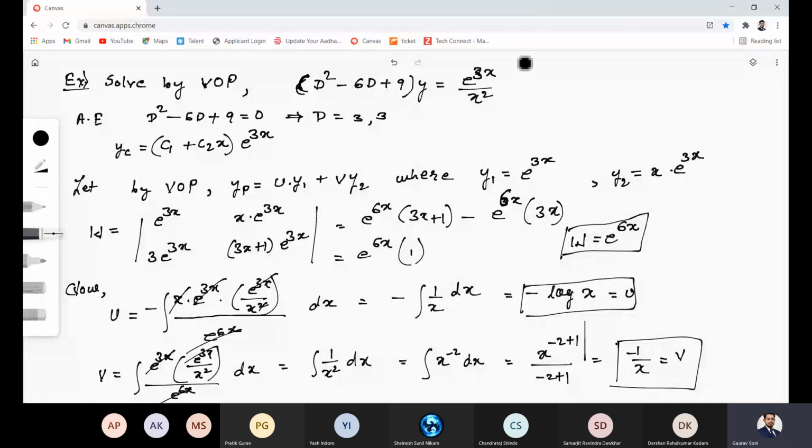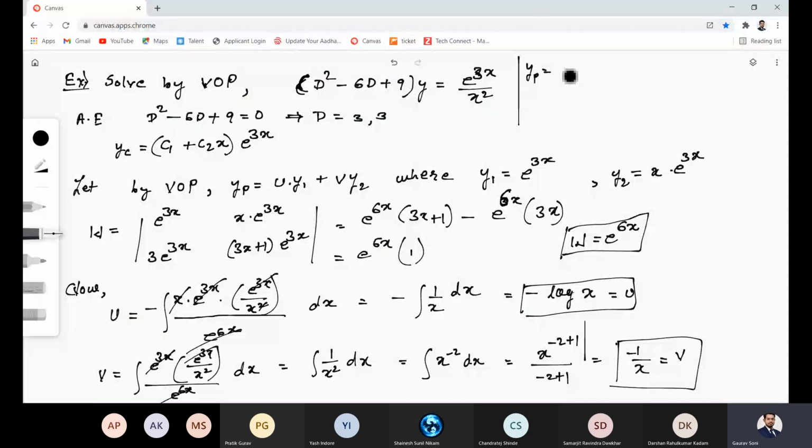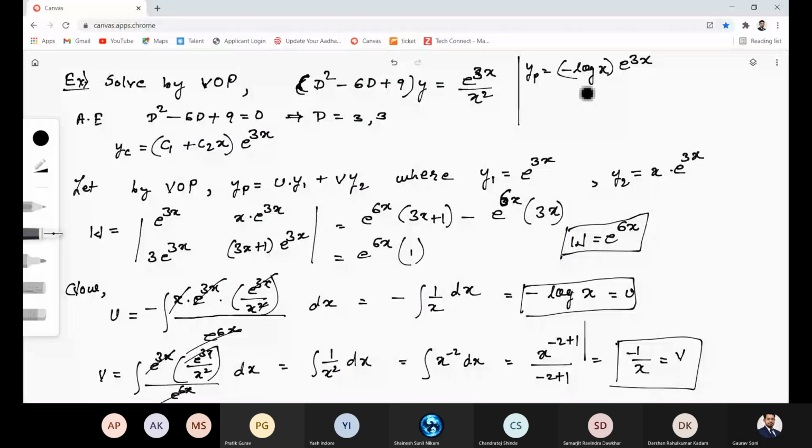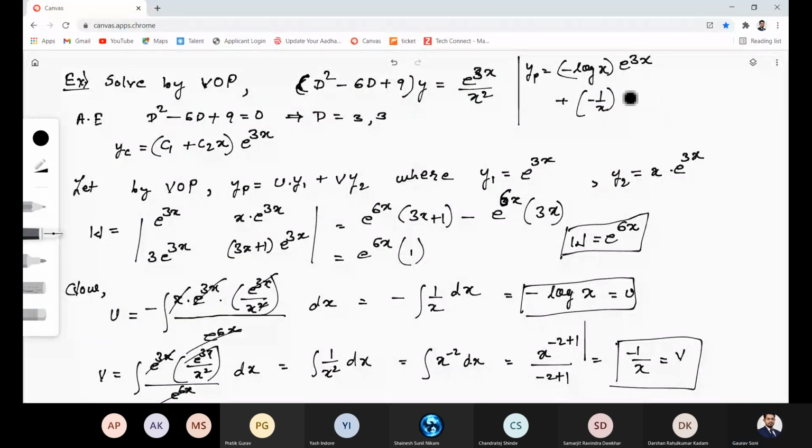This is your u. This is your v. And hence yp, I will write it down in the top corner. yp is equal to minus log x into e to the power 3x, that is u into y1 plus v, which is minus 1 by x, into y2, x e to the power 3x.